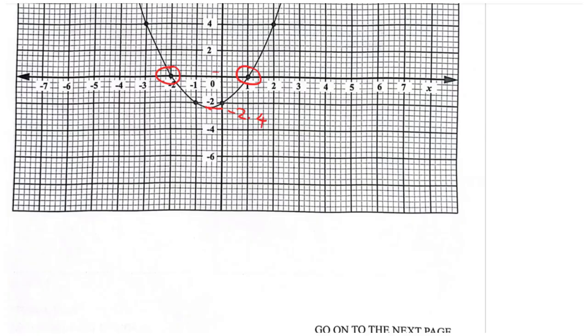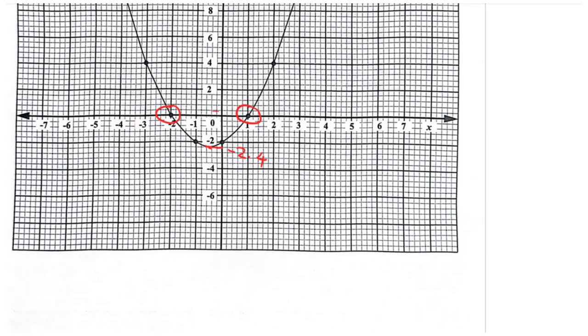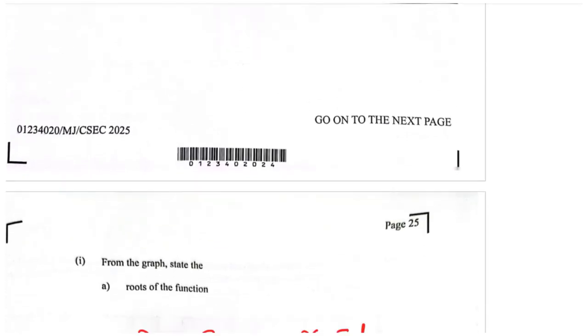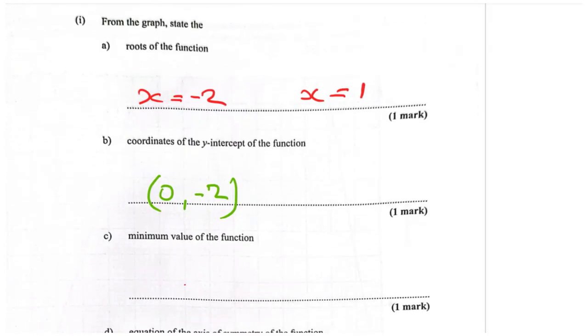Now, it is good that you look at your scale when doing these questions, because if you notice on the y-axis, one of the large squares is 2 units. So therefore, the smaller squares must be 0.4. So the minimum value is -2.4. So let's put that down, -2.4.